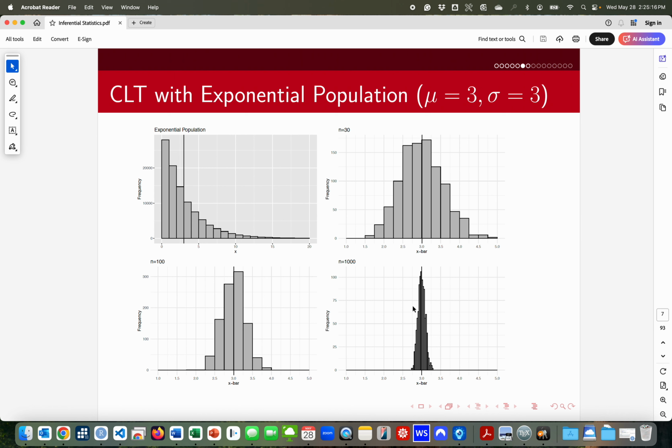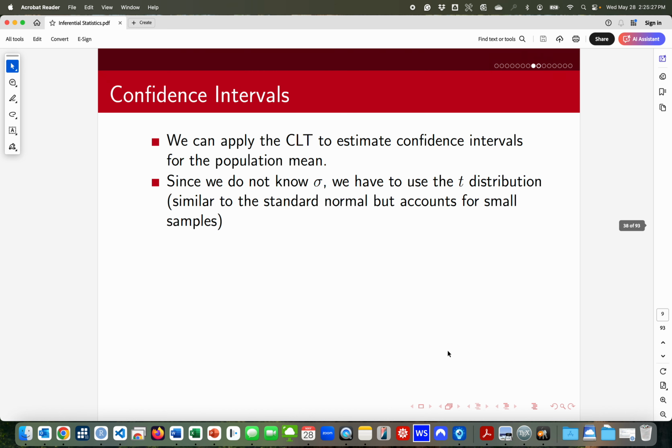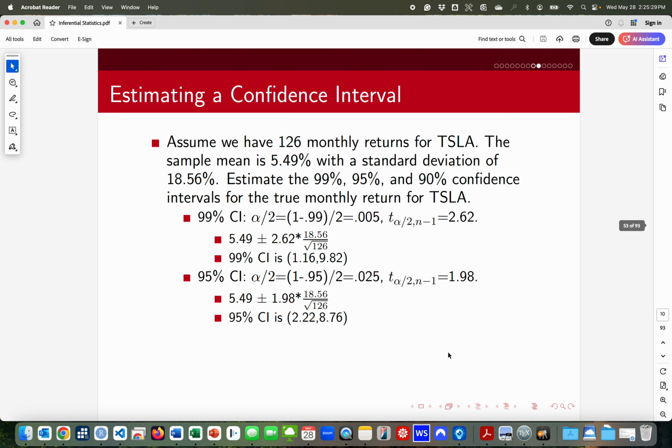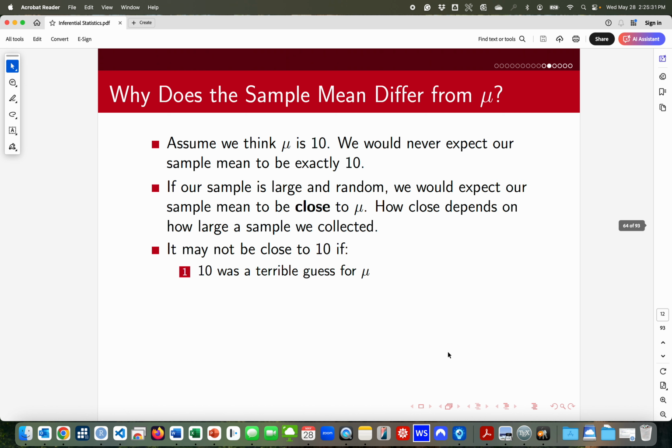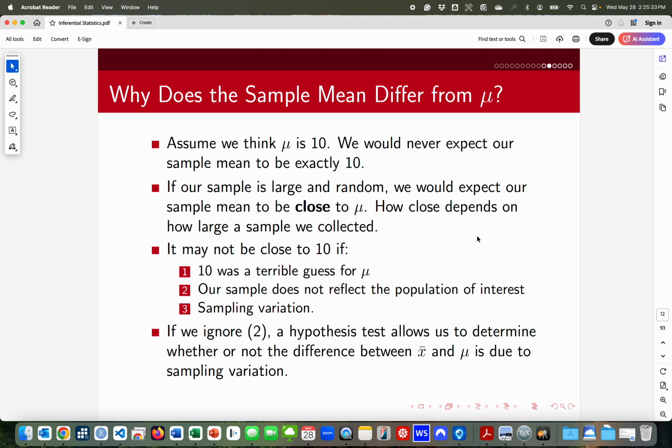But notice, if we have large enough samples, we expect any of those random samples to be pretty close to the true value. So just natural sampling variation can cause us to have a sample mean that's much different than the actual population mean. So what we're doing with hypothesis testing, we're assuming that we have a random sample from the population, so it actually does reflect the population of interest.